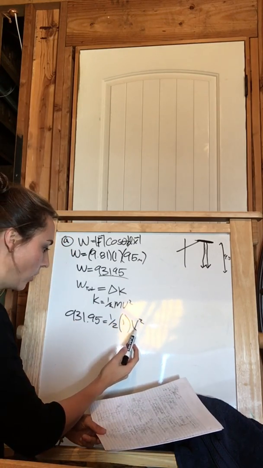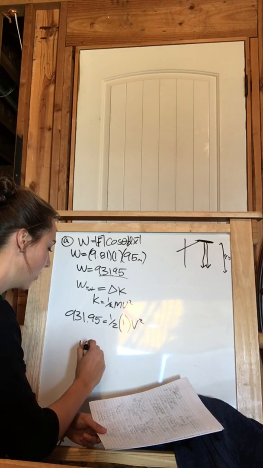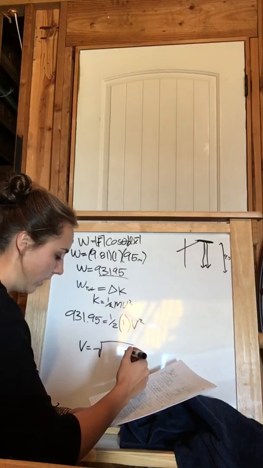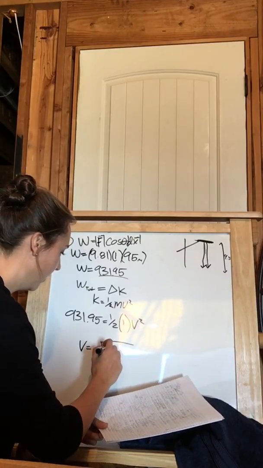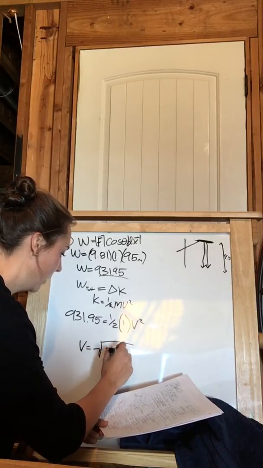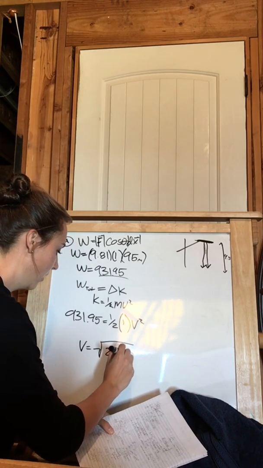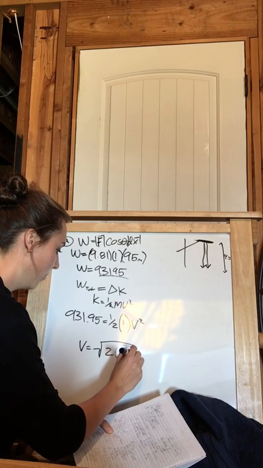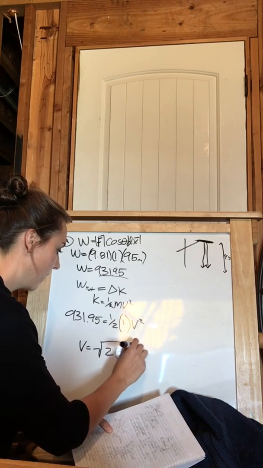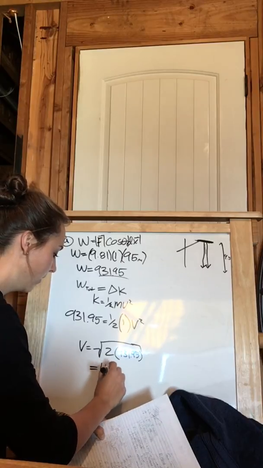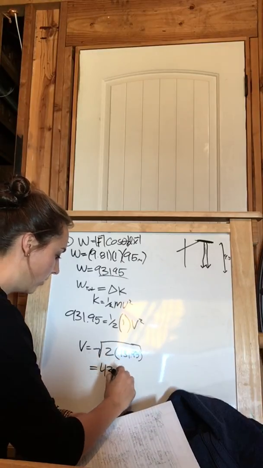So then we're just going to solve for velocity. So v is going to equal the square root, so we have to square that, of 2 times 931.95. And that is going to nicely equal 43.2.